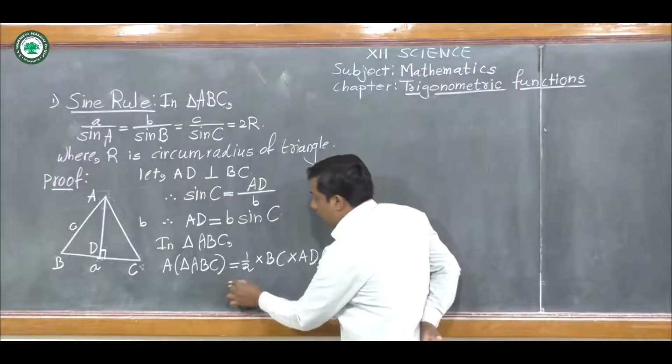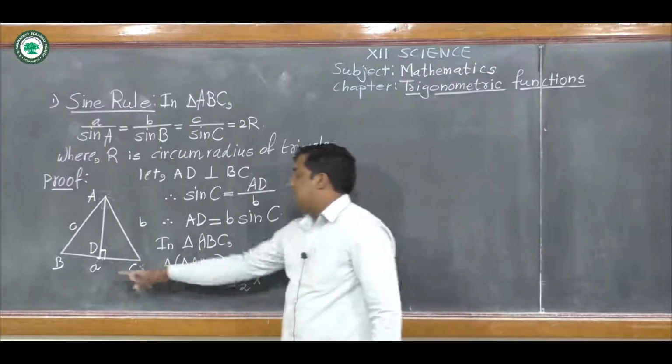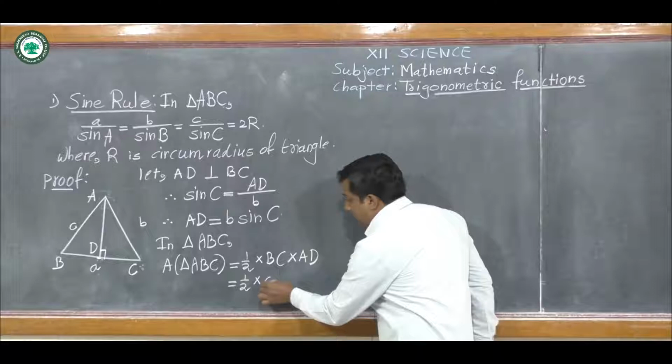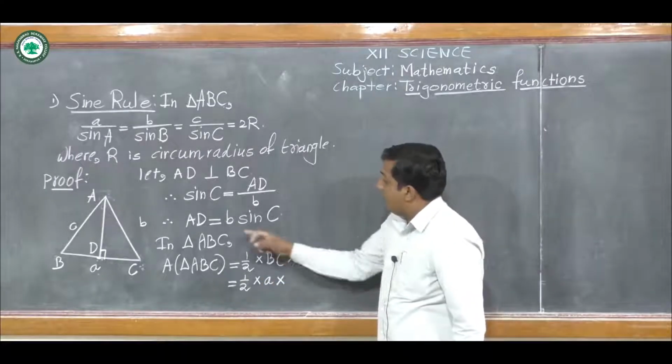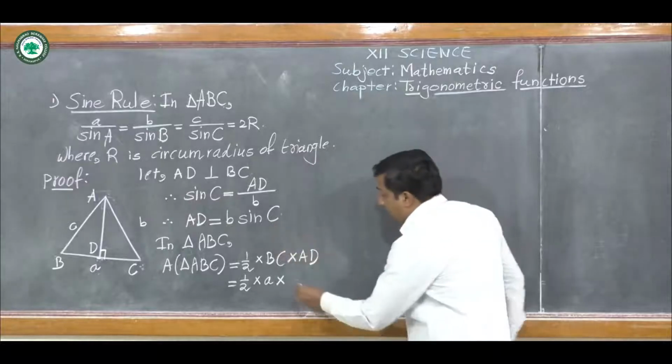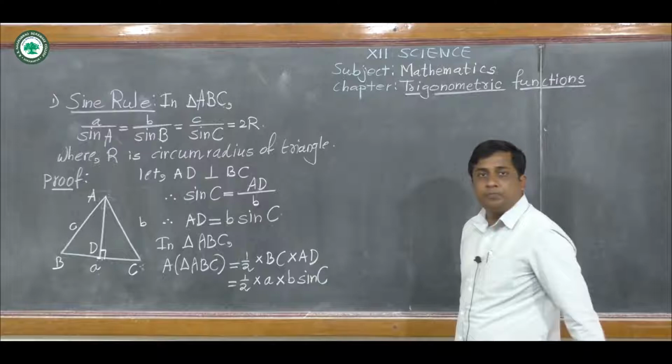This is equal to 1 upon 2 into, since the length of BC is a, we replace BC by a, into, for AD, we put b sine C. So b sine C.